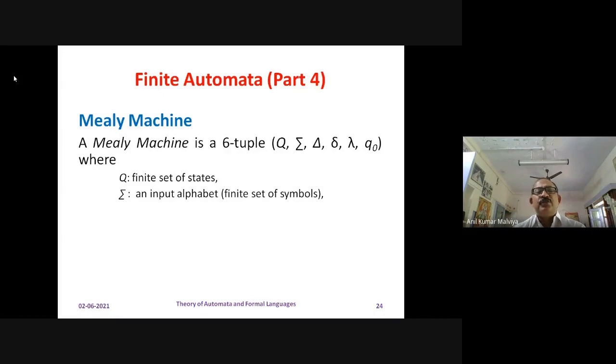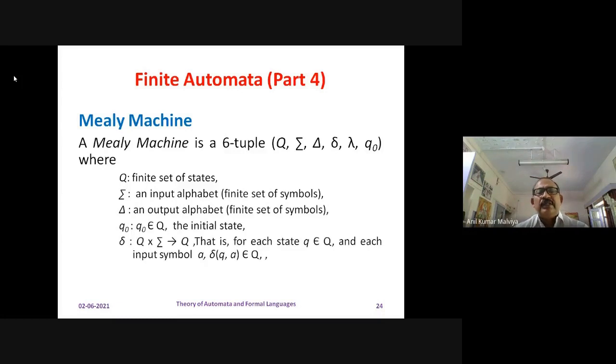Sigma is an input alphabet, capital delta is an output alphabet, Q0 is an element of capital Q, and small delta is a mapping, the transition function, which maps Q cross sigma to Q.